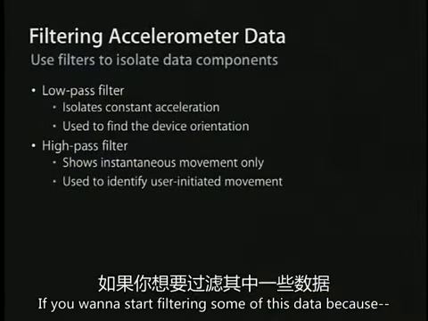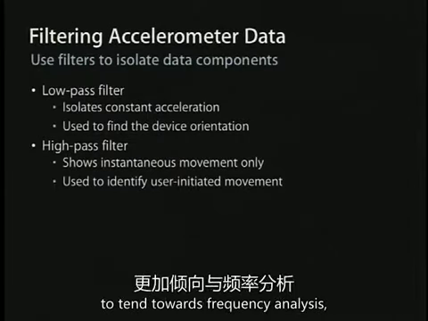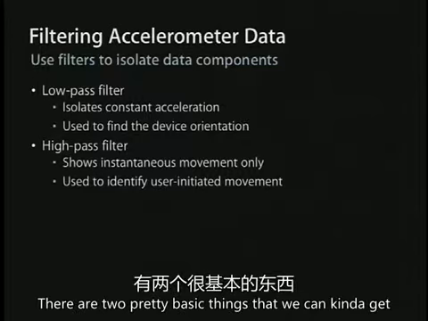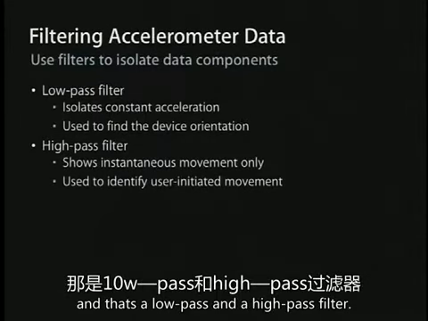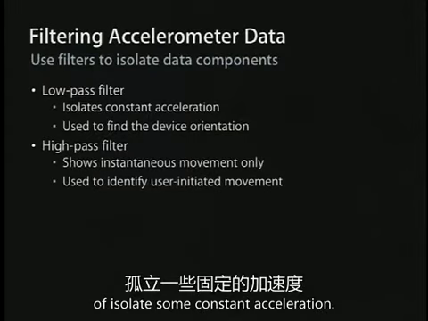If you want to start filtering some of this data, we won't get into this too much, because this is more starting to tend towards frequency analysis, and it's kind of beyond the scope of this class. But there's two pretty basic things that we can get at with some really simple algorithms real quickly, and that's a low-pass and a high-pass filter. So a low-pass filter would isolate some constant acceleration.